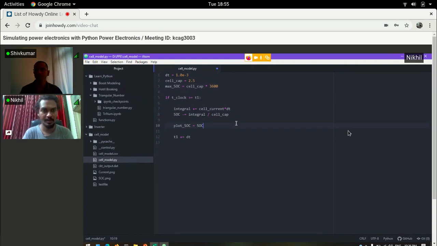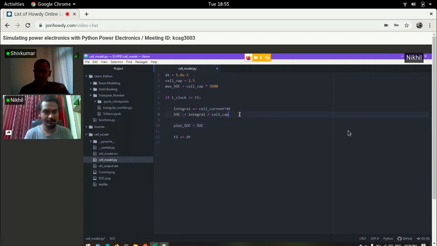Right. So now after calculating your SOC, you have to check if SOC is greater than max SOC. If yes, then you must cap it, that is, you say SOC is equal to max SOC.